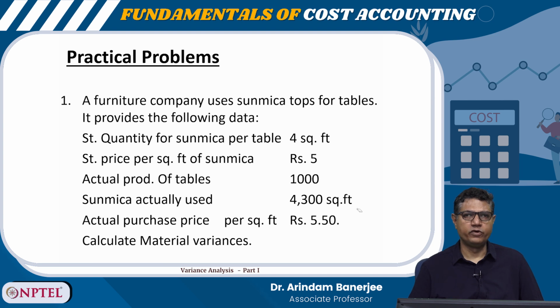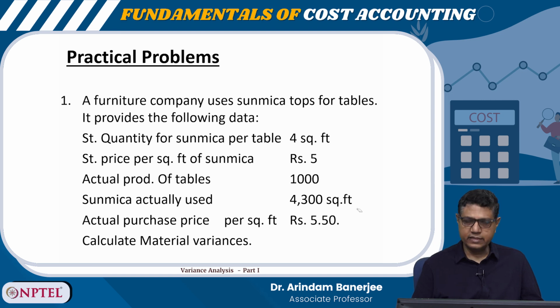It provides the following data: standard quantity of Sunmica per table 4 square feet, standard price per square foot of Sunmica 5, actual production of tables 1000, Sunmica actually used 4300 square feet, actual purchase price per square foot 5.50. Now you need to calculate the material variances.